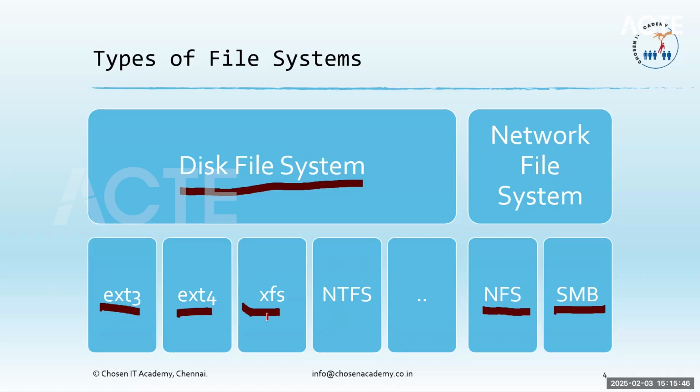XFS is predominantly used in Red Hat, and EXT4 is predominantly used in Ubuntu-based systems. NTFS is a Windows-based file system. And if you go to cloud, you have EFS, Elastic File System, and so on. Many other file systems are there.